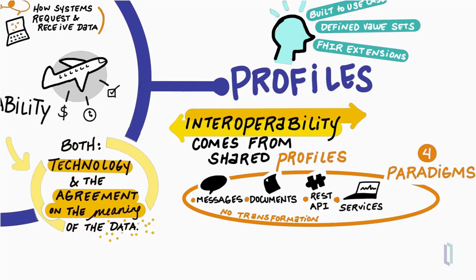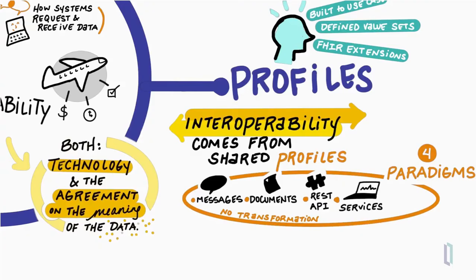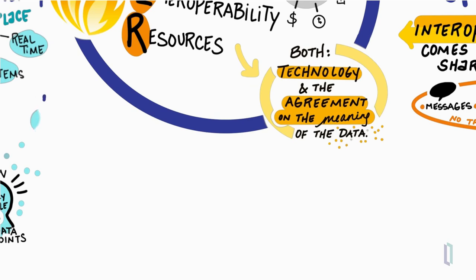Or we can use that FHIR data that is a lab test result in decision support, because everything we create from a FHIR profile is inherently computable and machine readable. So, 4 different interoperability paradigms without transforming the data. That can't be said of any other existing healthcare data standard. That is part of the power of FHIR.